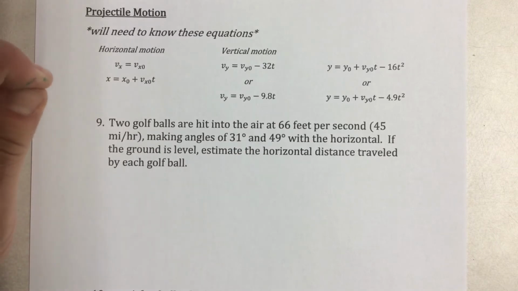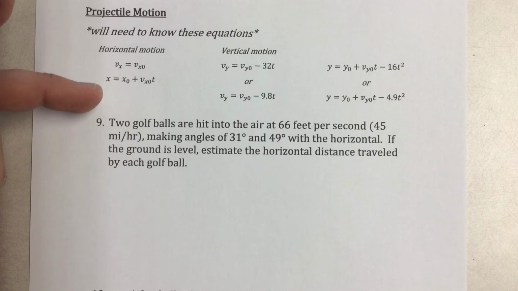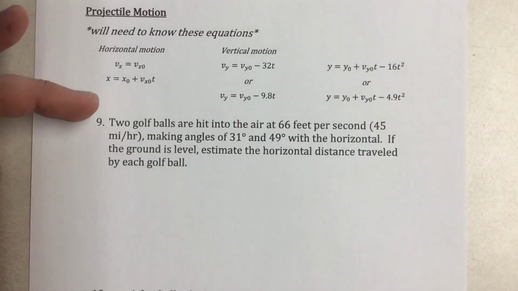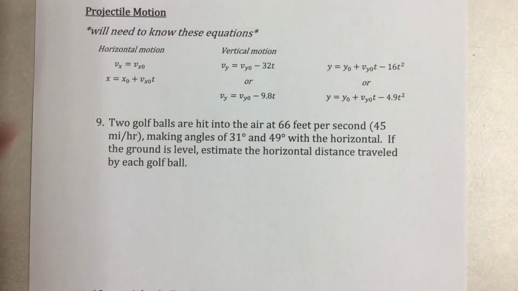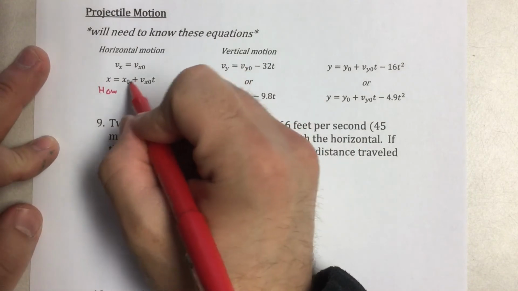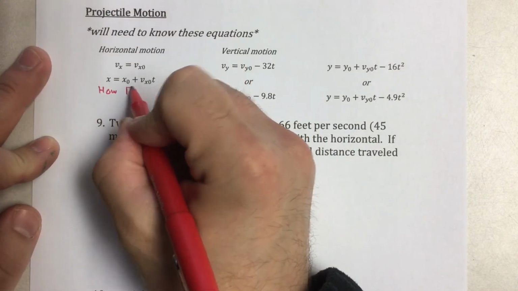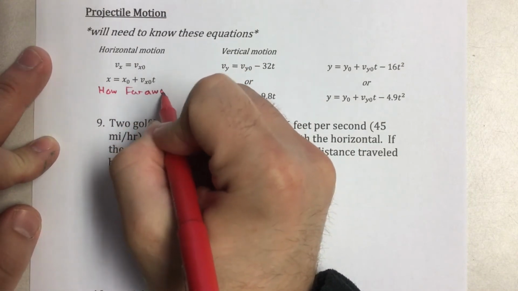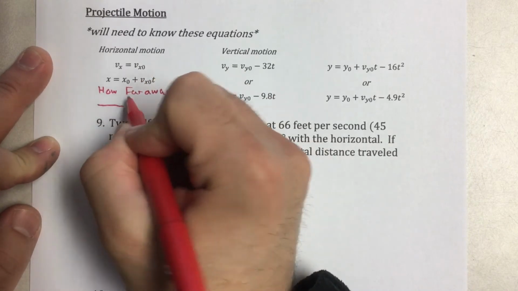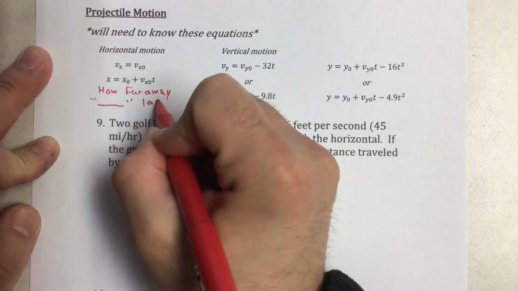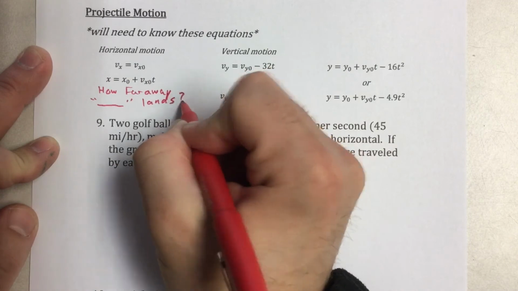For the x equation, this will tell us the horizontal distance, how far away something lands. Make a note of that. So this x equation is how far away something lands. So horizontal distance, all right?